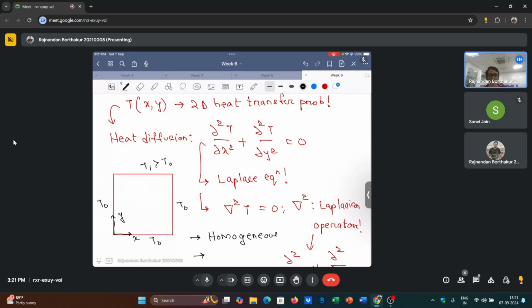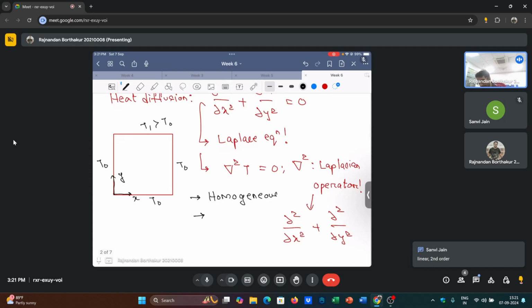Okay, I'll give you a hint. Yes, linear, second order, exactly. This is a linear and it's a second order equation.